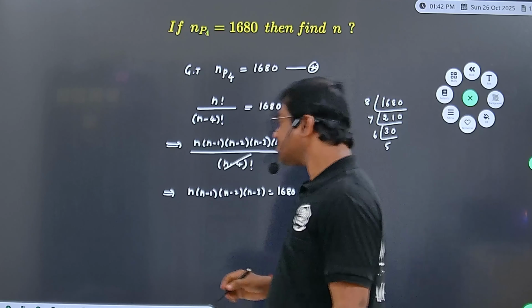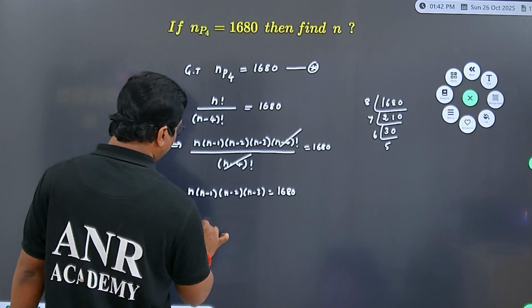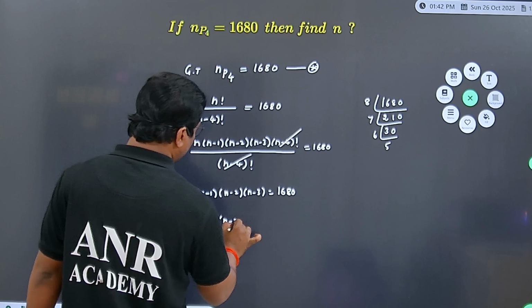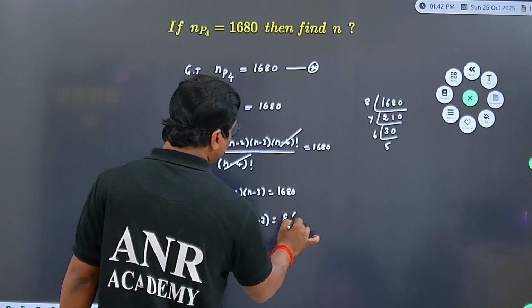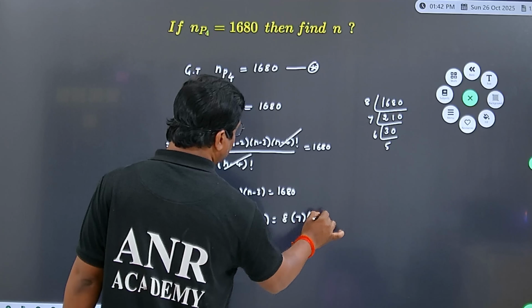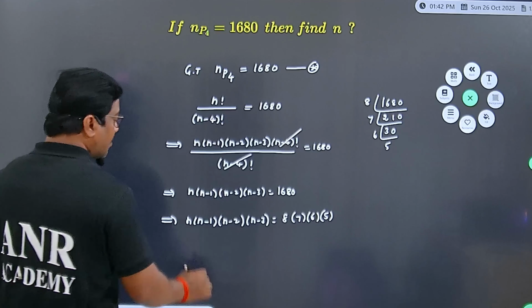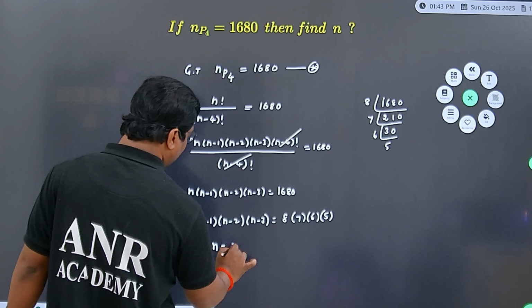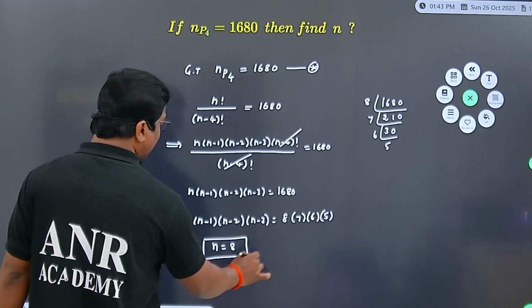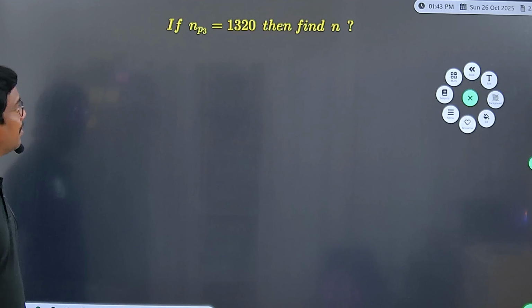Yes, we can write n of n minus 1 of n minus 2 of n minus 3 equal to 8 into 7 into 6 into 5, 1 unit decreasing. Yes, comparing both the sides, we get the value of n equal to 8. This is the answer. Let us move to the next one.